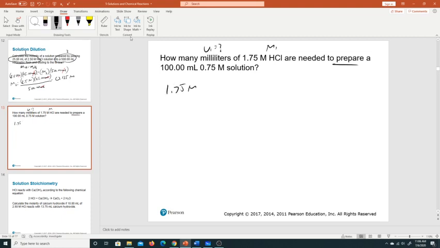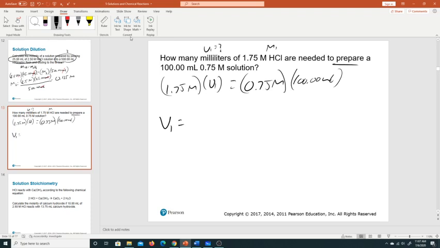We're preparing a 0.75 molar solution, total volume of 100.00 milliliters. That was just basic algebra before. We'll solve for V1. It'll be milliliters.